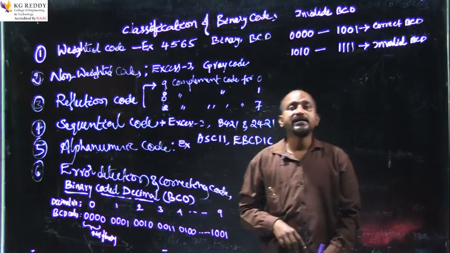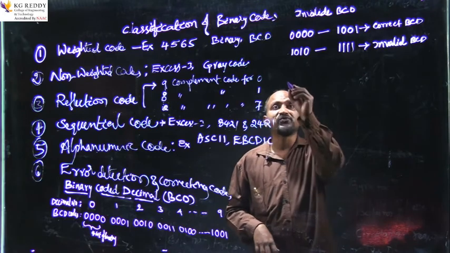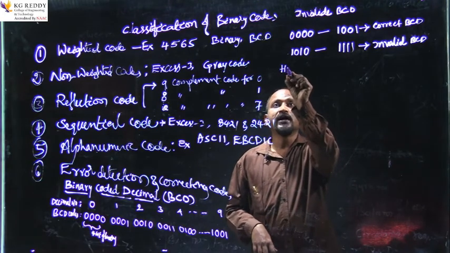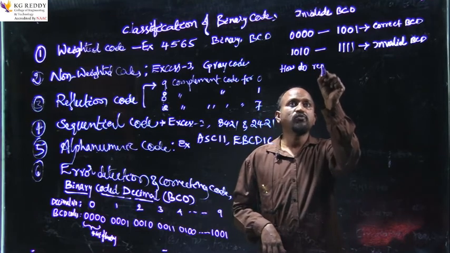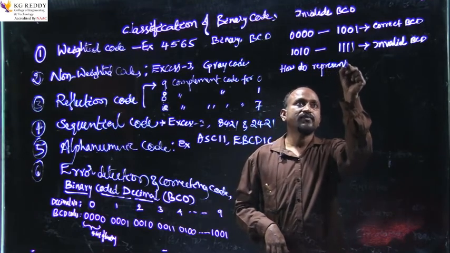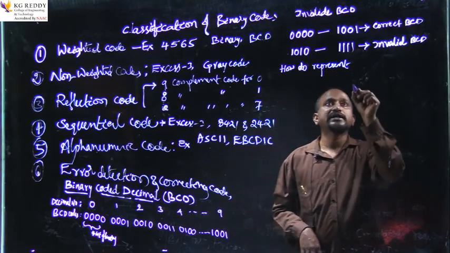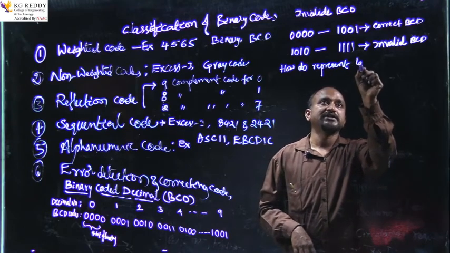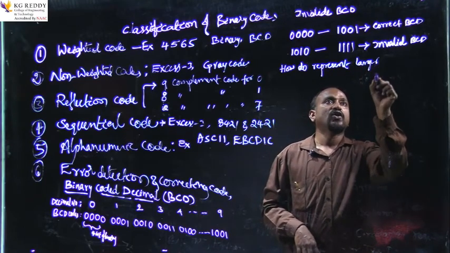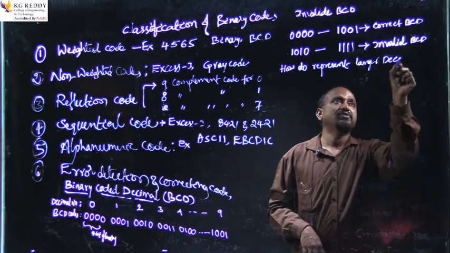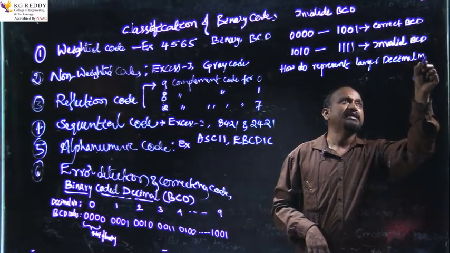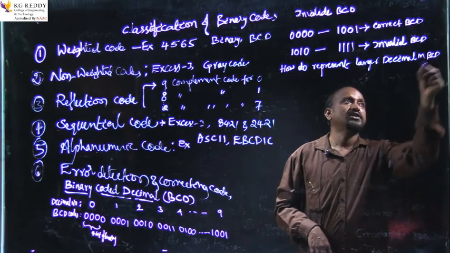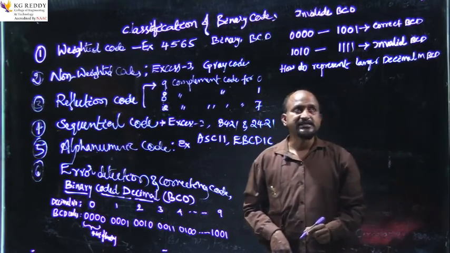Okay, let us see how we represent a larger number in BCD. How do we represent a larger decimal in BCD?